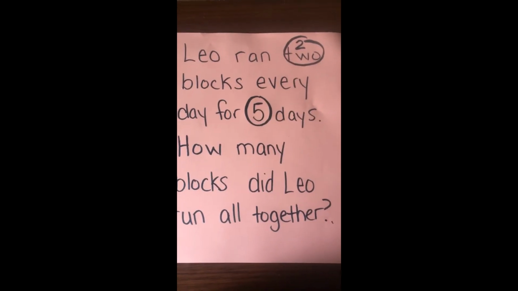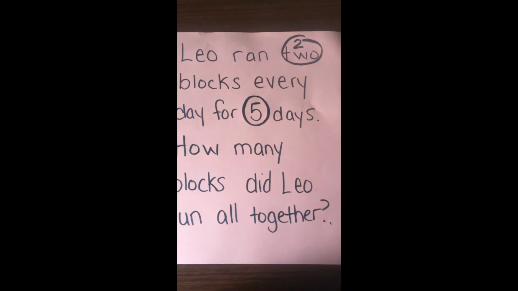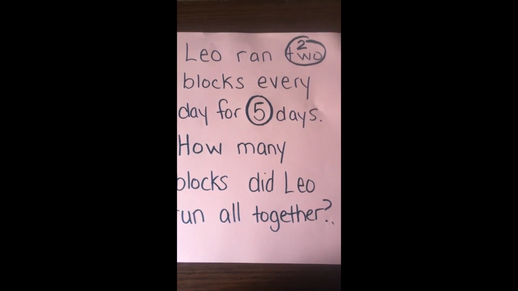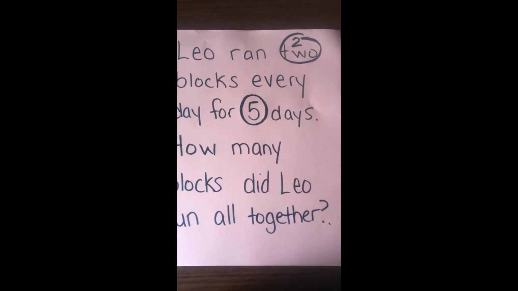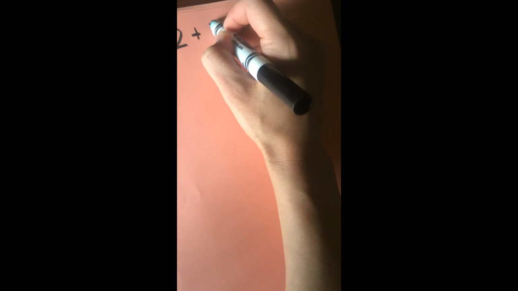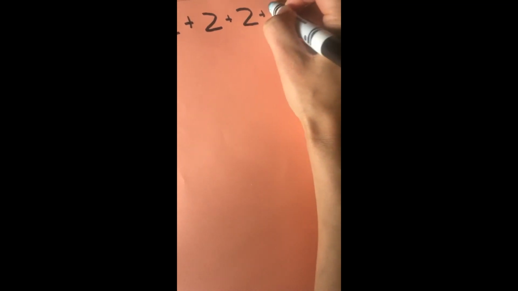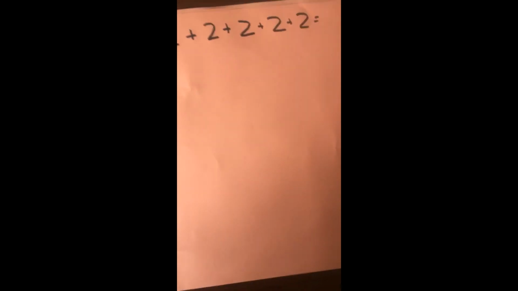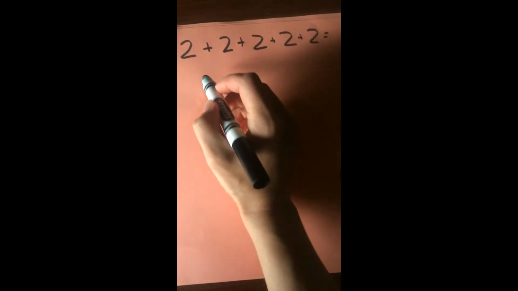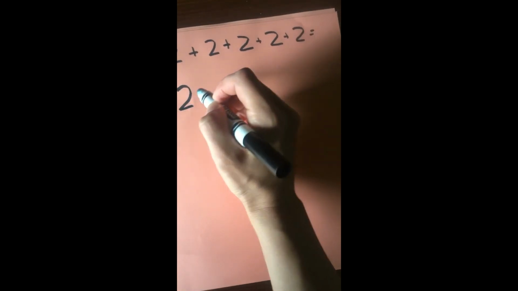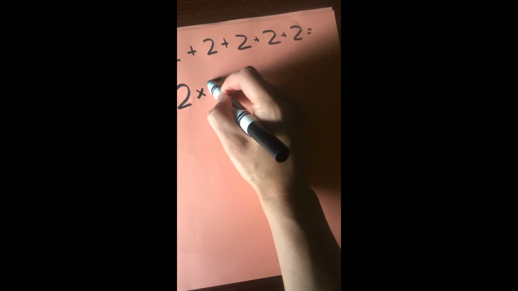Now, let's see if we can write this in a repeated addition. So 2 blocks every day for 5 days. We would write 2 5 times. Now, if we wanted to write this in multiplication, we would write 2 times 5.